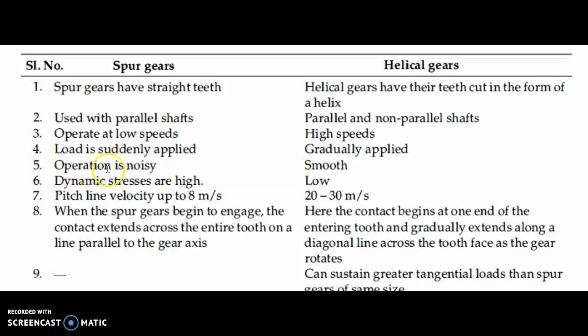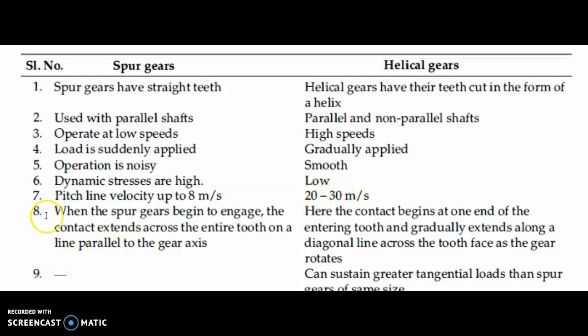Operation is very noisy for a spur gear, but smooth for a helical gear. The dynamic stresses are very high in the spur gear, but very low in the helical gear. For pitch line velocity, the spur gear can be used up to a maximum of 8 meters per second, but the helical gear can be used from 20 to 30 meters per second.